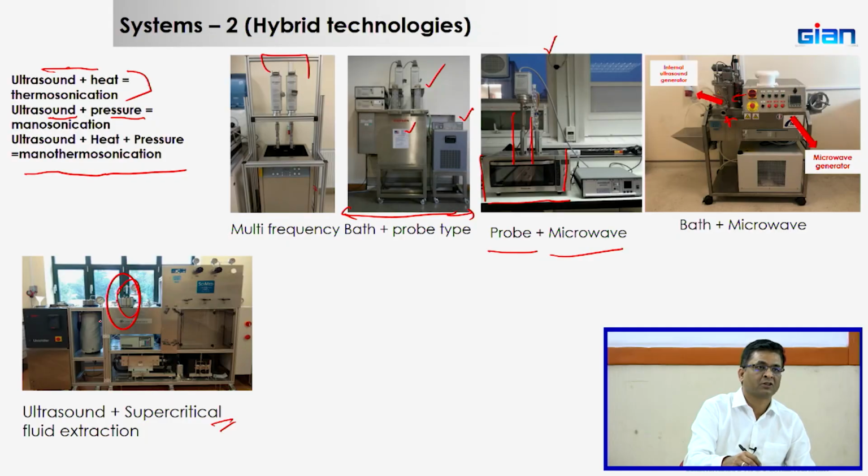But if you disrupt the matrix along with the hexane, recovery can be done in a shorter time. Same thing with supercritical CO2, which takes longer to extract all the oil from the biomass. But if you disrupt the biomass along with the liquid CO2, it will have better extractability. For that reason an ultrasonic system was attached along with this.